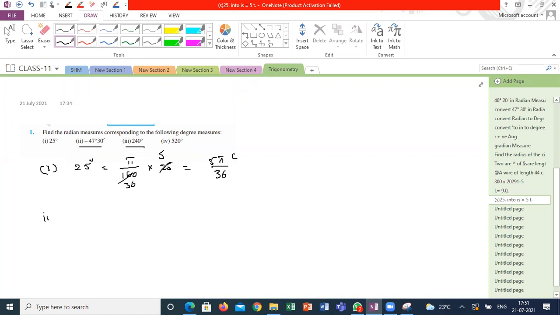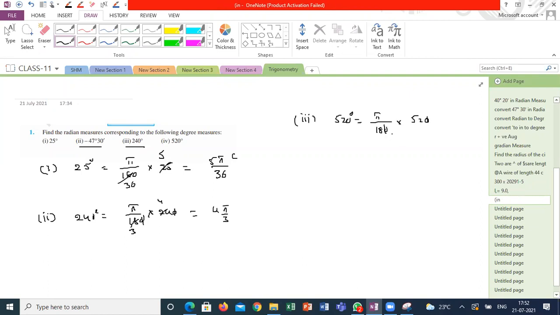We already did this question. 240 degrees. Pi by 180 into 240. 4 pi by 3. Pi by 3 is the standard angle 60 degrees. 4 into 60 is 240 degrees. So 520. Pi by 180 into 520.